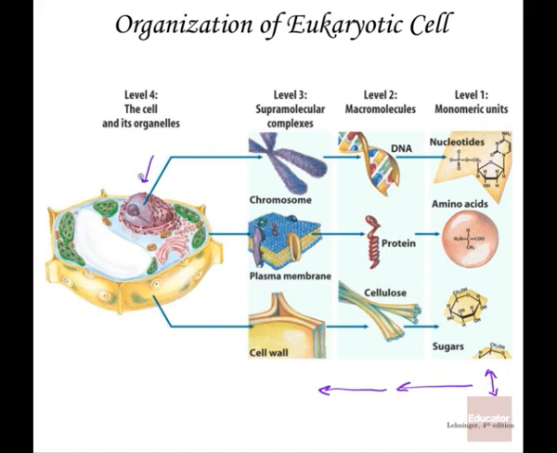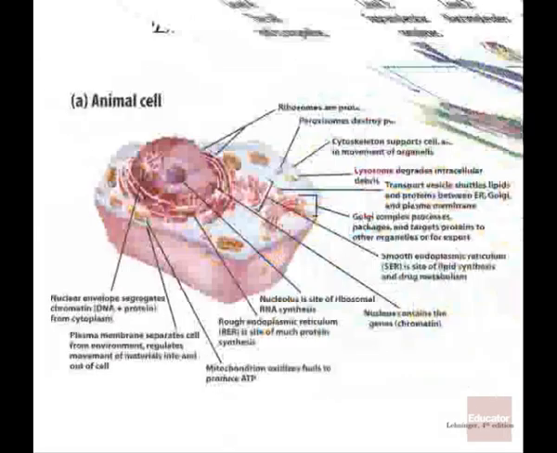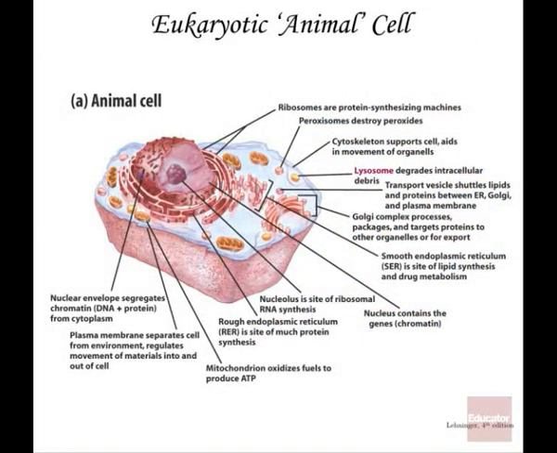Now remember, the prokaryotic cells don't have nuclei. They have clustering of their DNA, but they don't have this extra double-layered membrane surrounding the nucleus. So here is our prototypical animal cell.